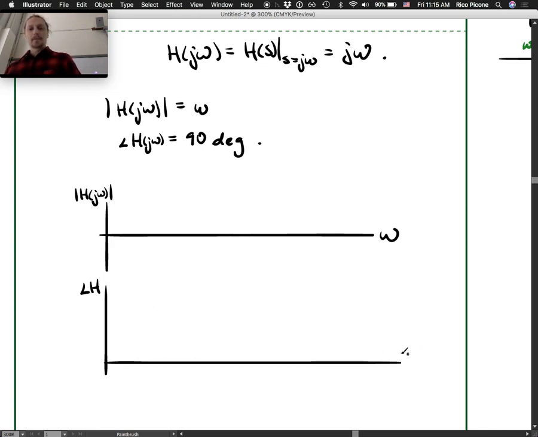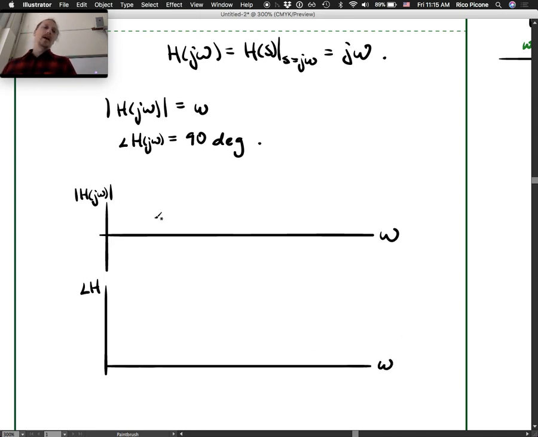Remember, our omega is logarithmic, which is why when you're asked to sketch these on exams, I'll give you something with a logarithmic scale typically. Otherwise, I'm not going to be super strict on what they look like, because a logarithmic scale is kind of hard to sketch freehand. Engineering paper or graph paper helps.